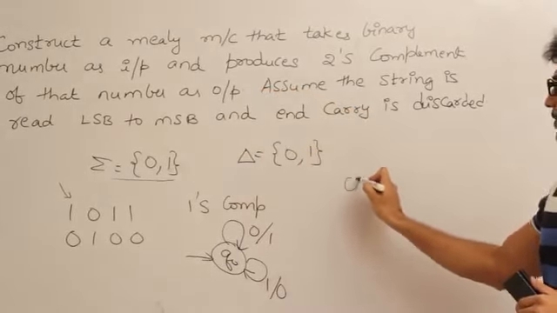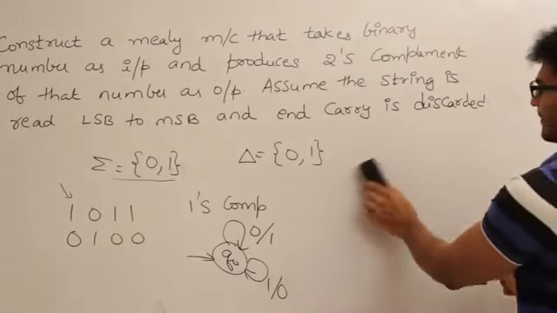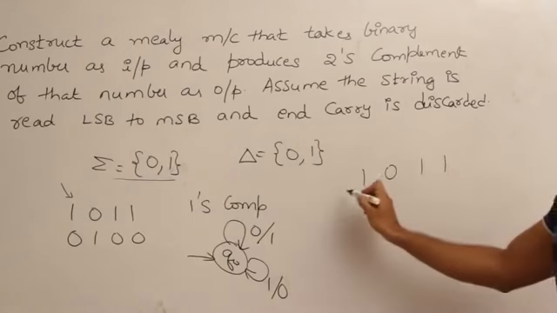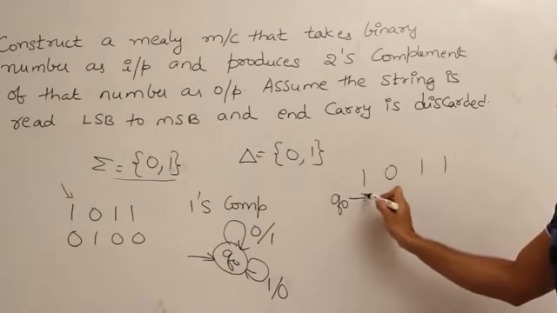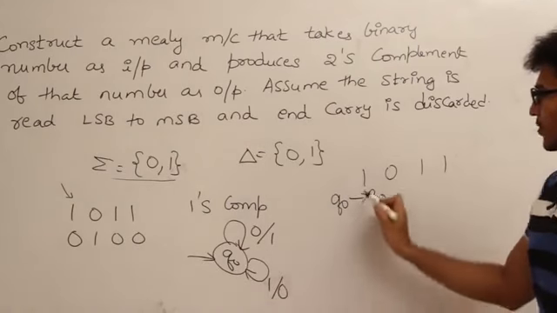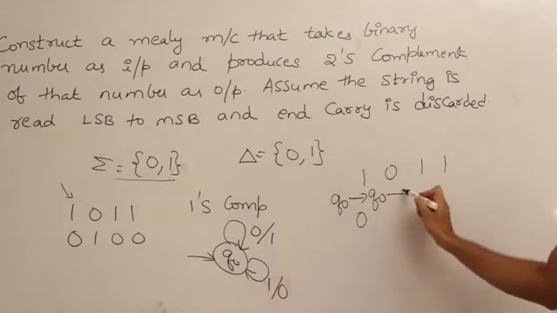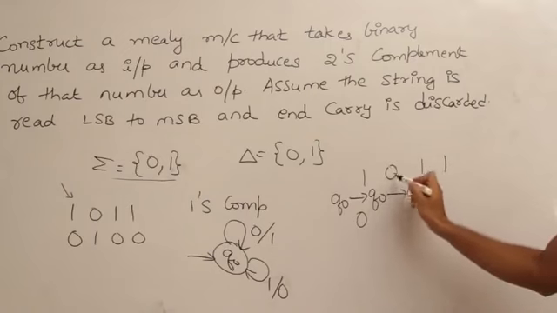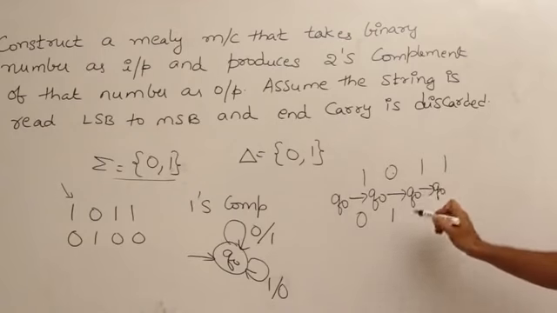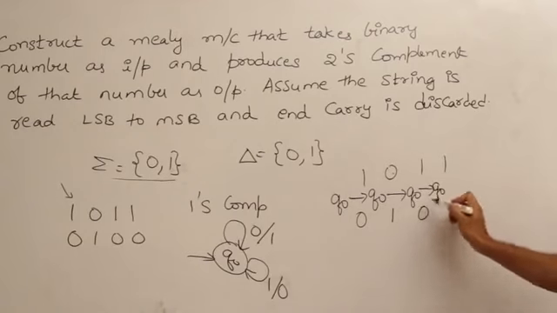If the input is, let us say, 1, 0, 1, 1, then I'm going to start in Q0. On 1 I'll be in Q0, and Q0 on 1 is going to print 0. Again on 0 I'll be in Q0 only, and Q0 on 0 is going to print 1. Again on seeing 1 I'll be in Q0 itself, and Q0 on 1 is going to produce 0.